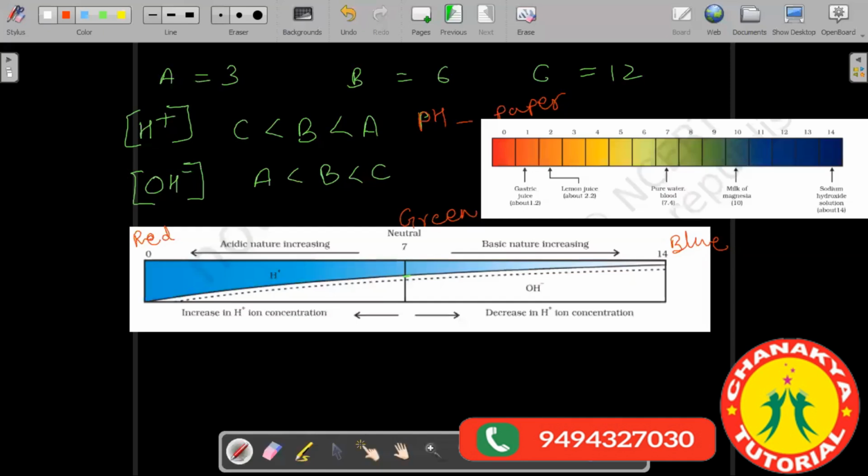So both acids and bases are corrosive in nature, so they corrode the surface. If they are poured on a surface, they corrode the surface. Got it?